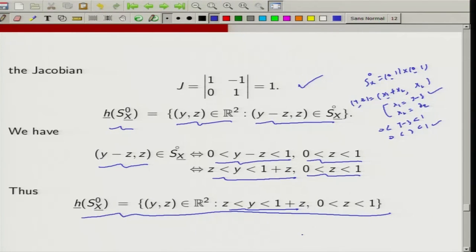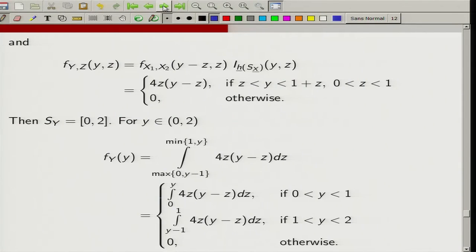Now, here you can see the support h(S_X0), the ranges are depending on each other. So, we cannot say that X1 + X2 and X2 would be independent. But before that, let us try to find the joint PDF of (Y, Z), which is the same as the joint PDF of X1, X2, with the inverse transformation put in, which is Y minus Z, Z. The Jacobian is 1.